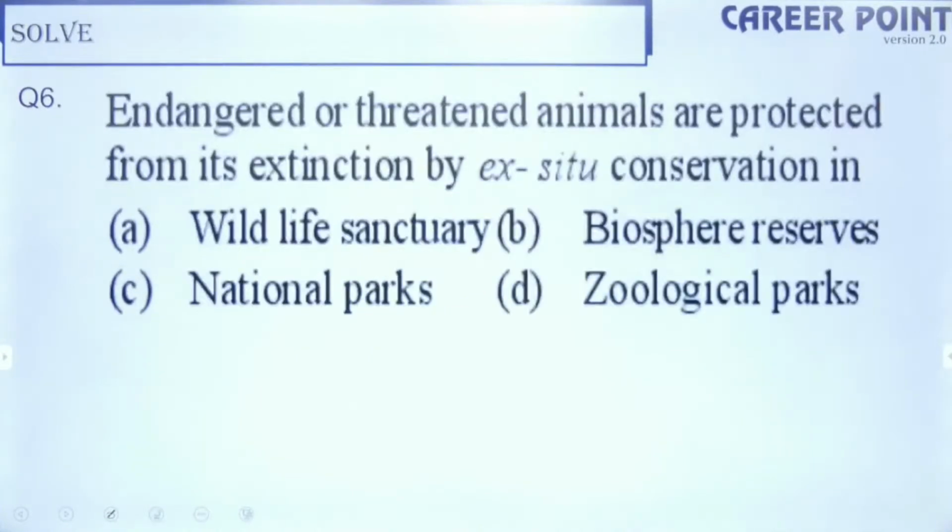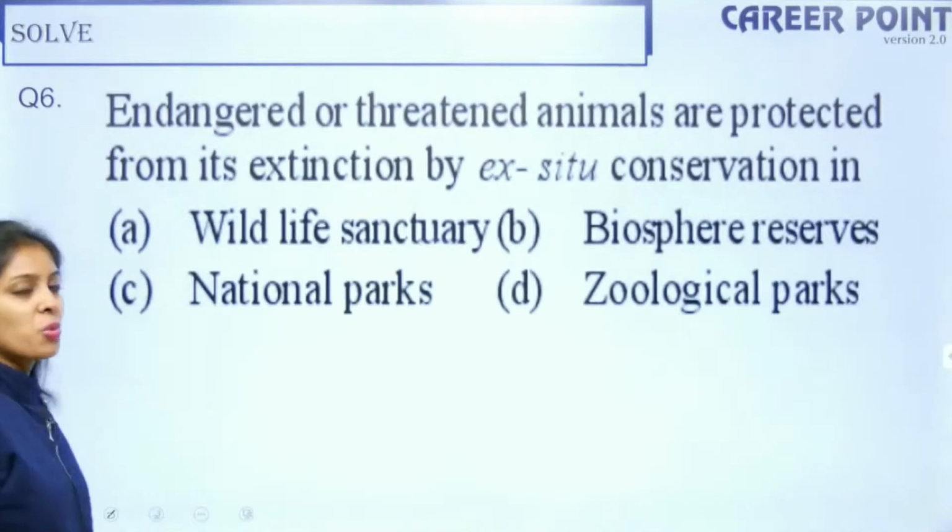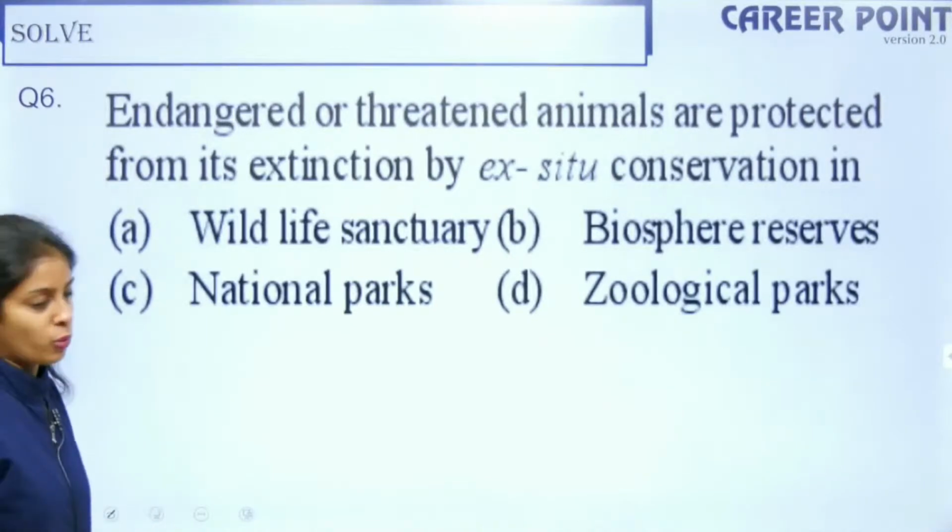Yes. So, question 6. Endangered or threatened animals are protected from extinction by ex situ conservation in which of the following? Wildlife sanctuary, biosphere reserves, national parks, zoological parks. So, which one is a type of ex situ conservation?